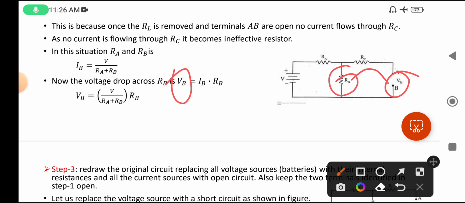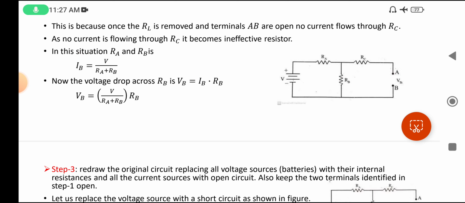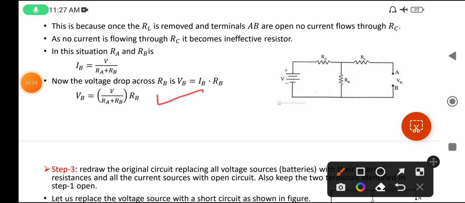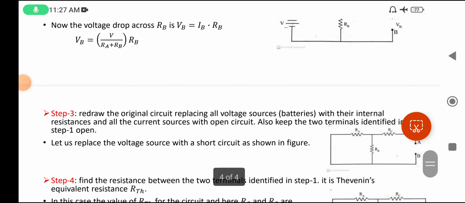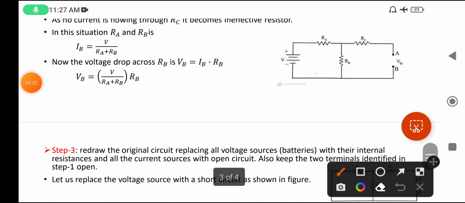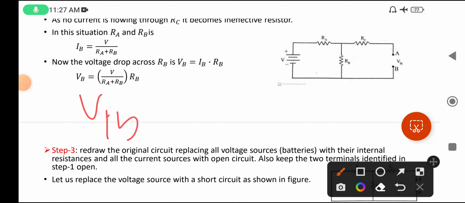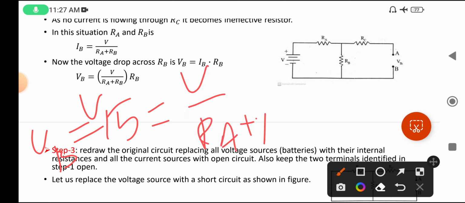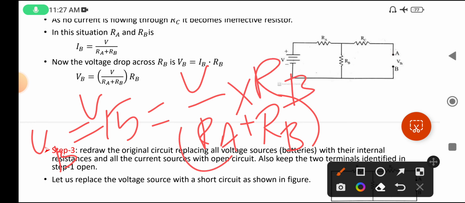Okay, so here, this IB, take it and substitute here, then you can get this one. So this VB is the V Thevenin. It is not written here, please write here: this VB is equal to V Thevenin, that is V by (RA plus RB) into RB.